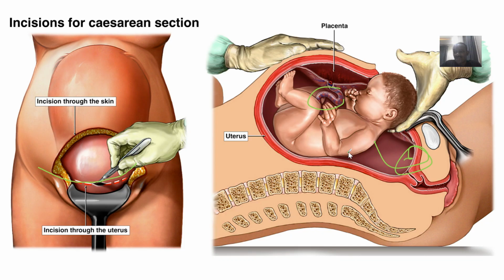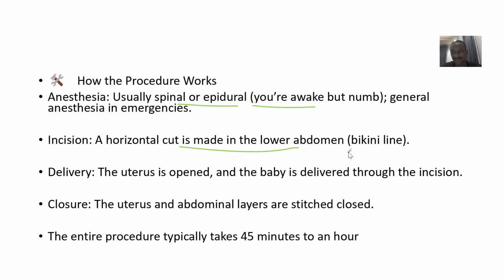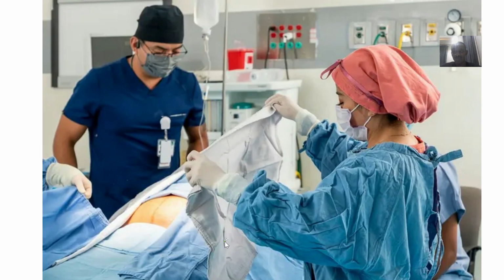If you wear a bikini, that's where the top of the bikini should be. Delivery: the uterus is opened and the baby is delivered through the incision. Closure: the uterus and the abdominal layers are stitched closed. The entire procedure typically takes about 45 minutes to an hour.